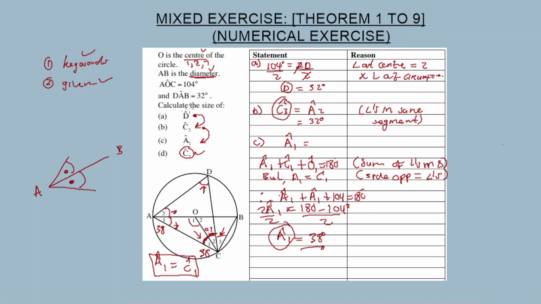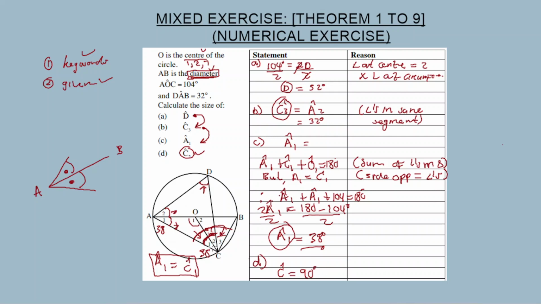But check something, because we have a diameter here, it allows us to use theorem 3, meaning I can calculate angle C as a whole. I can calculate angle C as a whole. Angle C will be equal to 90 degrees because of this diameter, right?